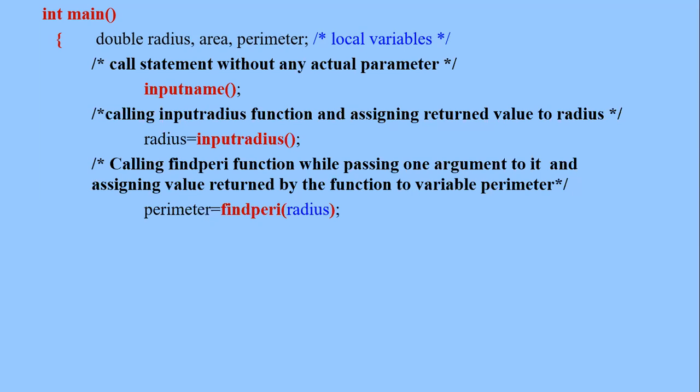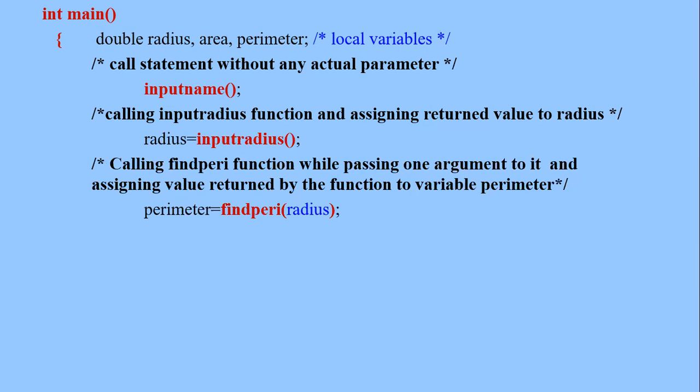The value in the memory location called radius is now being sent as an argument to the function called find Perry. So find Perry will receive a parameter, a value for radius. It will use it to calculate the perimeter.